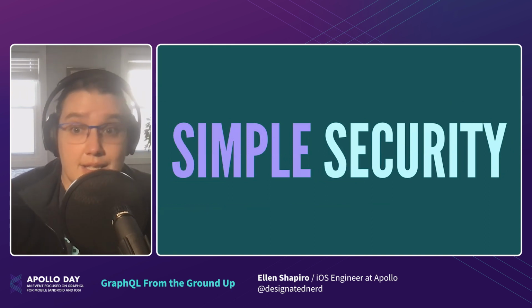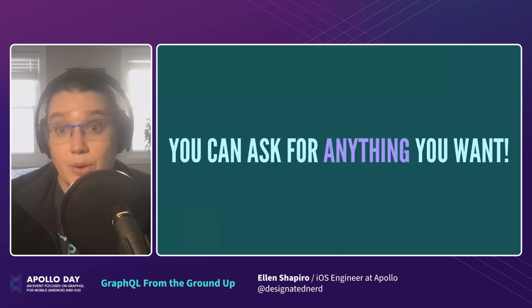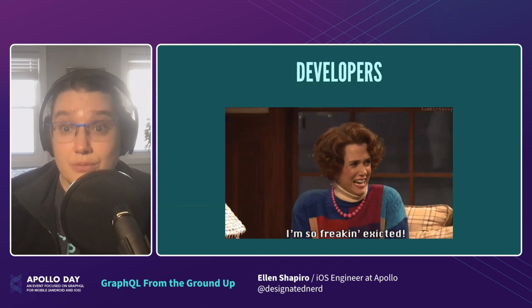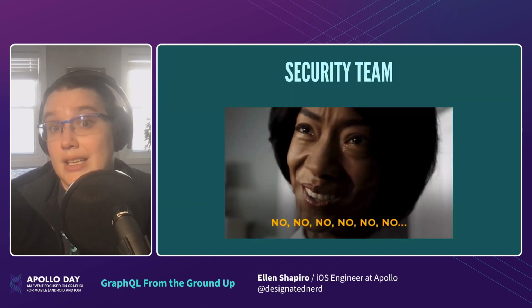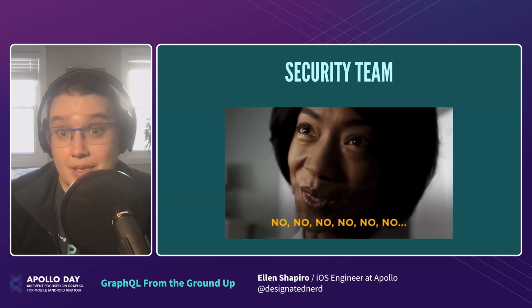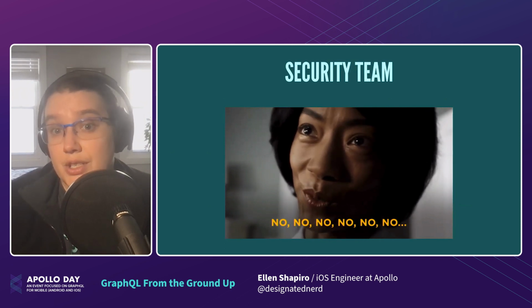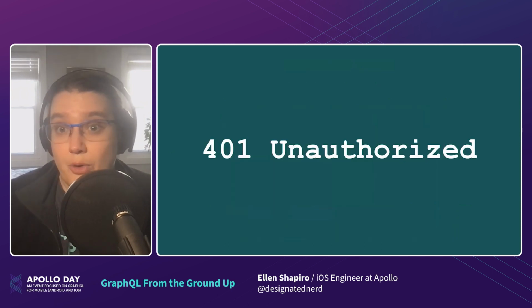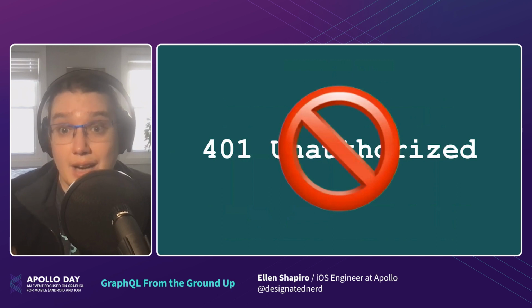Another thing that GraphQL isn't always good for is keeping your security super simple. And you may have already guessed this because, well, when I say that if you have access to a graph, you can ask for anything on it, developers get really, really, really excited. The security team, on the other hand, tends to be really horrified. Because if you're just used to being able to slap a 401 unauthorized on any endpoint that needs to be protected, the fact that GraphQL only has one endpoint means that you are not going to be able to just return that kind of status code willy-nilly.